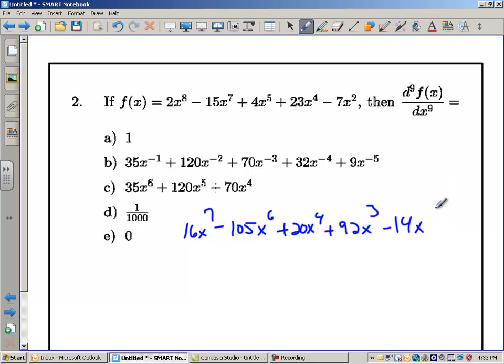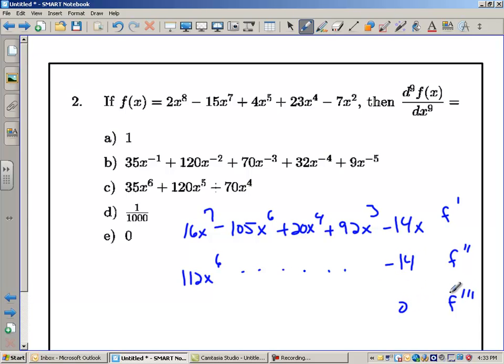That's f prime. Now f double prime would be 7 times 16, that's 112, x to the 6, blah blah blah. Finally we have a minus 14. And then f triple prime, with the minus 14, would go to 0.